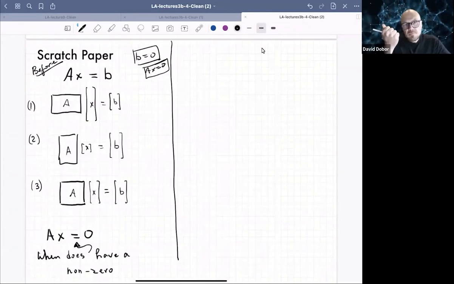But the row reductions could have led you to a matrix such that the solution to the original AX equals 0 system was something non-trivial. And by non-trivial, we mean non-zero solutions to the AX equals 0 system of linear equations, right?